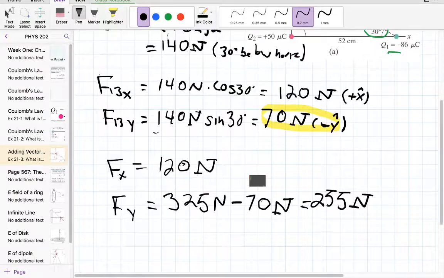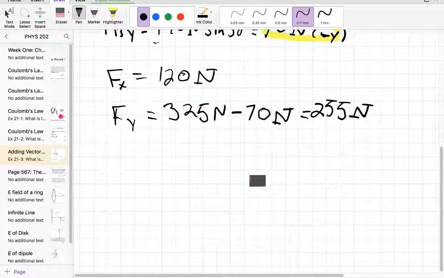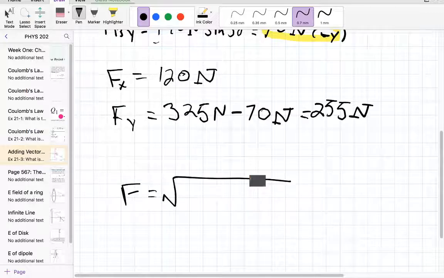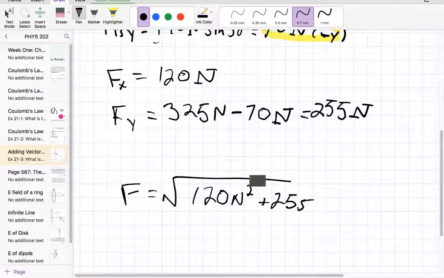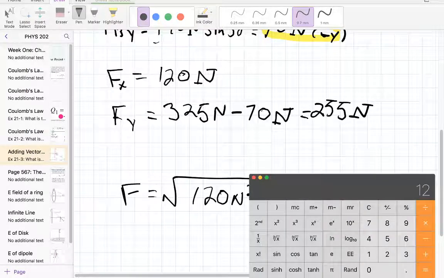So that means the net force on charge 3 is going to be equal to the square root of the squares of the components: the square root of 120 newtons squared plus 255 newtons squared. Oh, sorry, I made a calculator mistake.